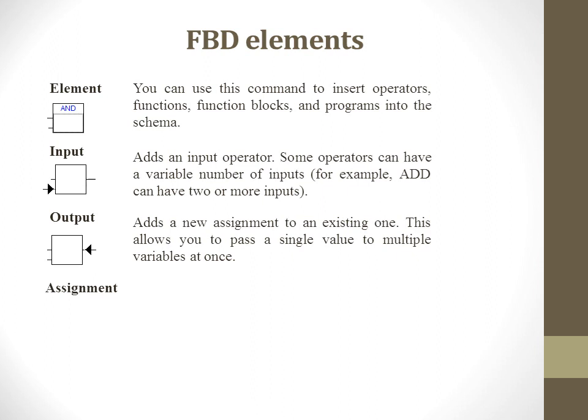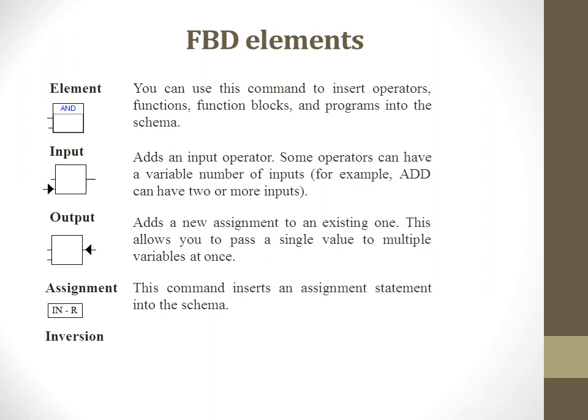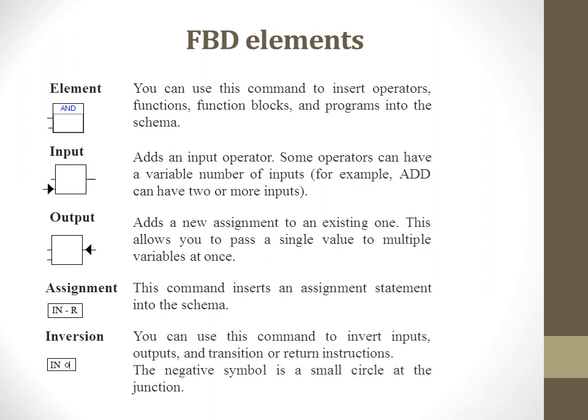Assignment. We use this operation by this command. This command inserts an assignment statement into the chain or circuit. Inversion. You can use this command to invert inputs, outputs, and transition or return instructions.